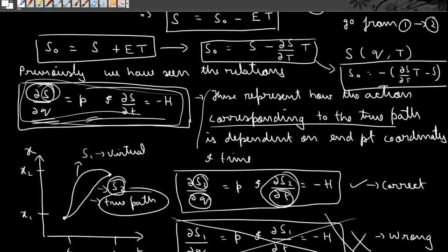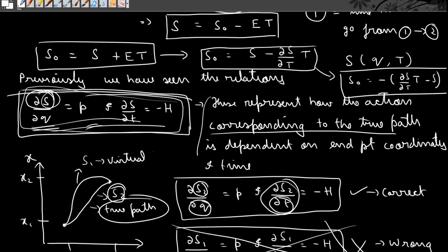So yeah, combining these two relations, we can write our dS as P dq minus H dt, and integrating both sides we get that this is equal to integral P dq minus integral H dt.